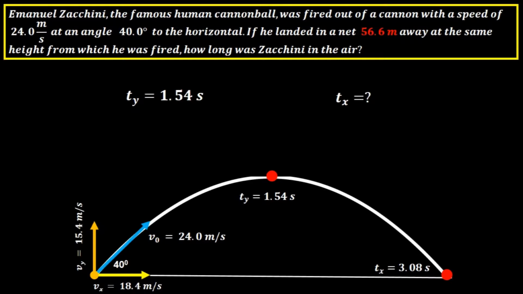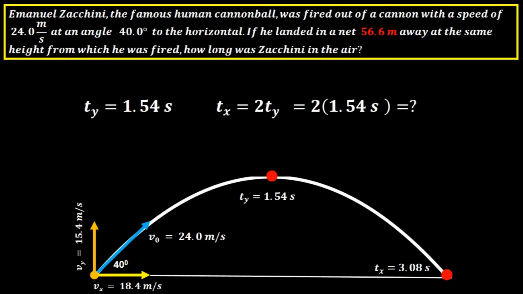And we have to recognize that Tx is twice Ty, so 1.54 times 2, and that's going to be 3.08 seconds.